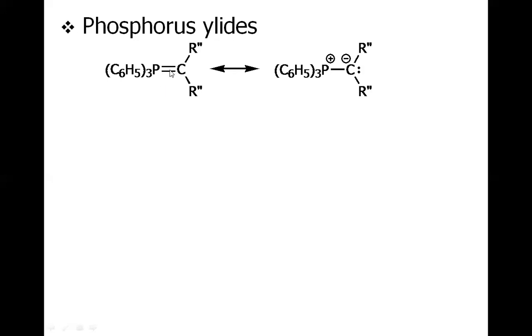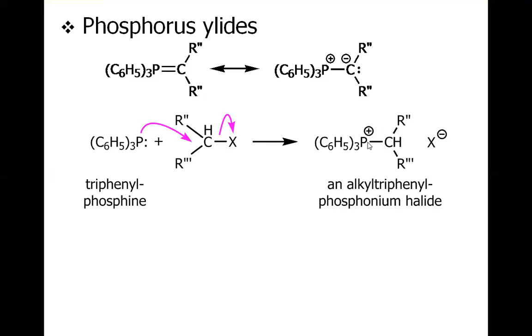If you draw its resonating forms, you could see the pi bond is broken. We have the electron density at this carbon, so this phosphorus will be positively charged and carbon will be negatively charged. So this is called the phosphorus ylide.